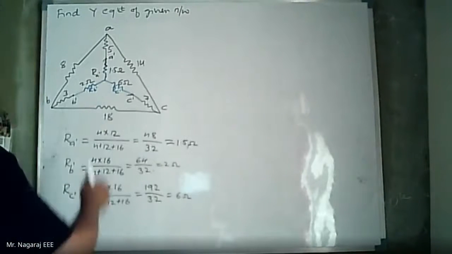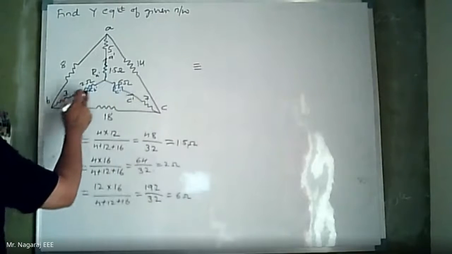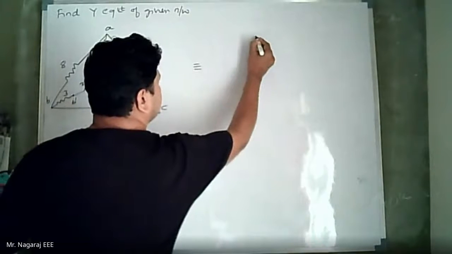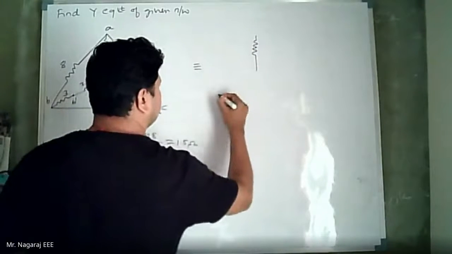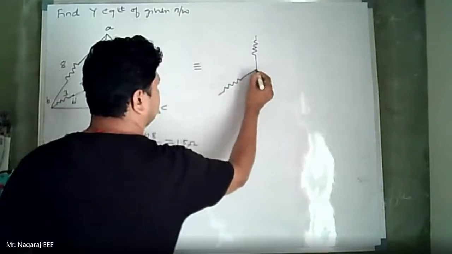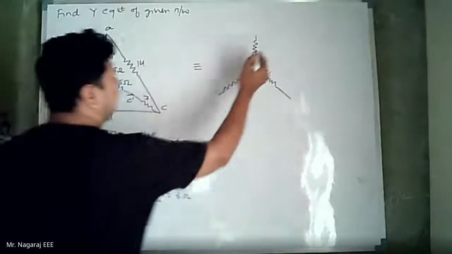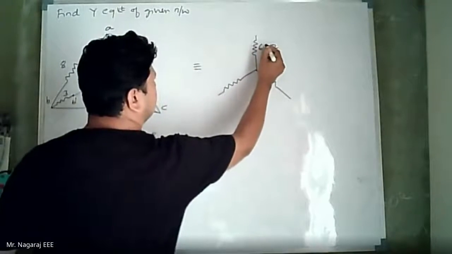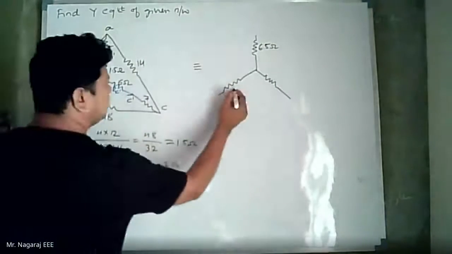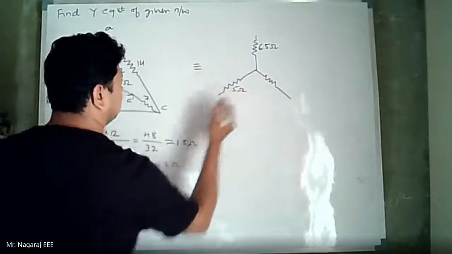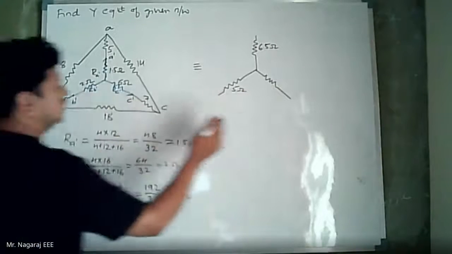So you can add these resistances in series: 5 plus 1.5, 3 plus 2, 6 plus 7. So 5 plus 1.5 is 6.5 ohms, 3 plus 2 is 5 ohms, and 6 plus 7 is 13 ohms.